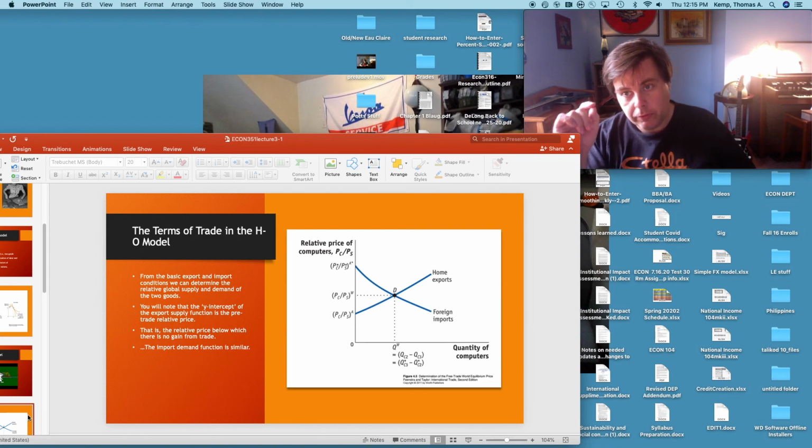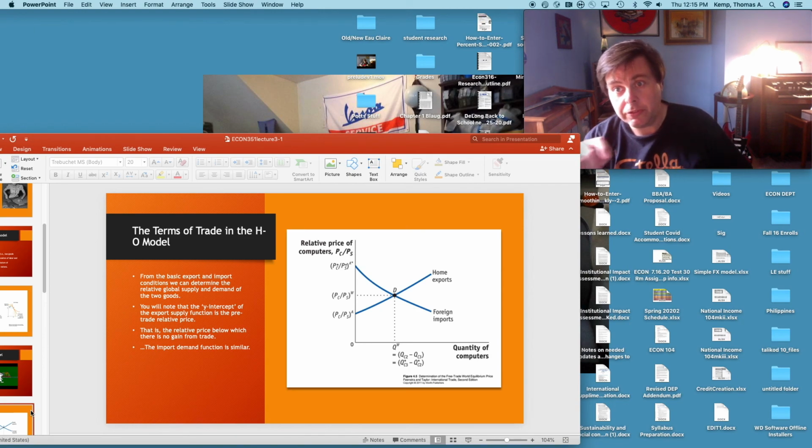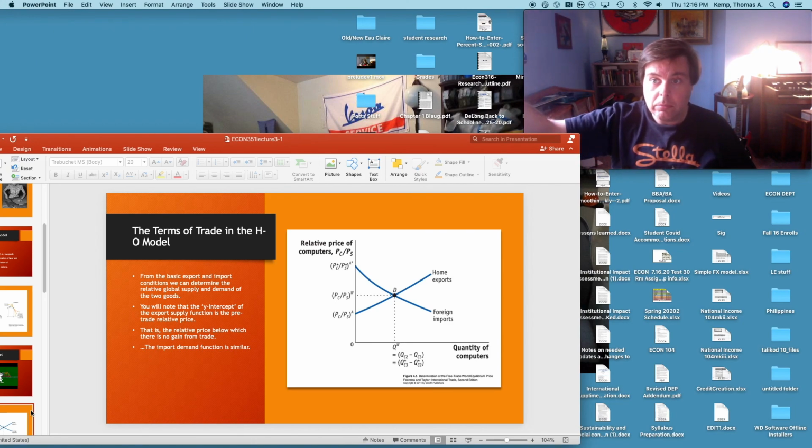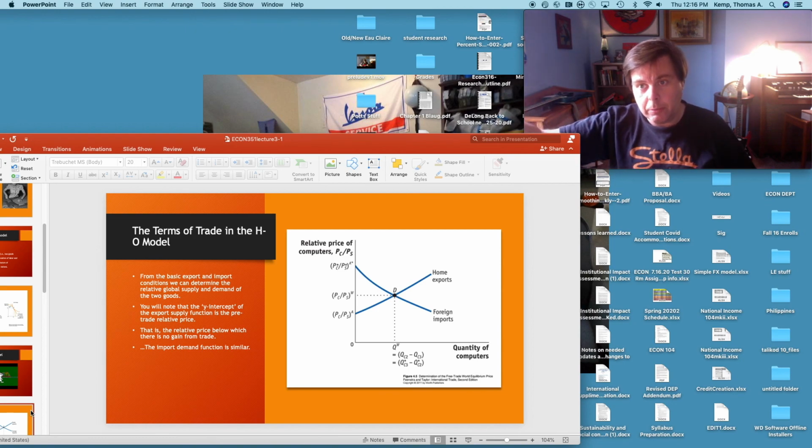So that foreign import function, which is demand for imports, slopes downward. Why? Because of essentially the same reason that the export function slopes upward, right? If we decrease the relative price of computers to shoes, so let's say that at home they can make computers for, again, I'm going to do it, bad me, don't use nominal examples.